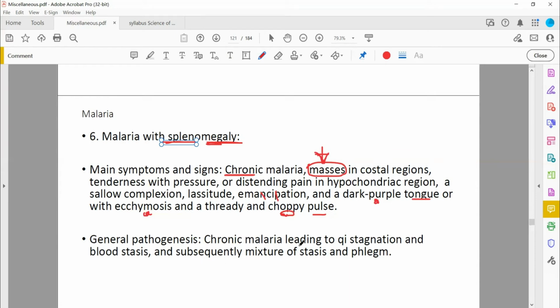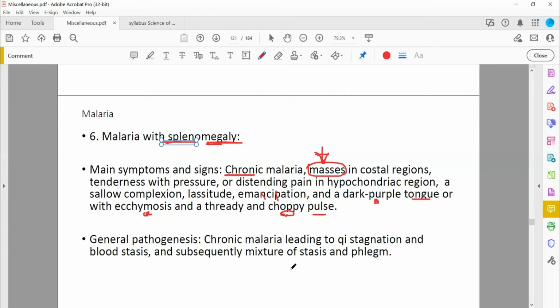So chronic malaria leading to chi stagnation and blood stasis, and subsequently a mixture of stasis and phlegm. So that means any disease, if it becomes chronic, if it lasts for several years, the situation will be very complicated.